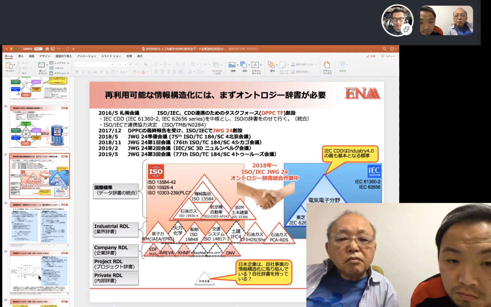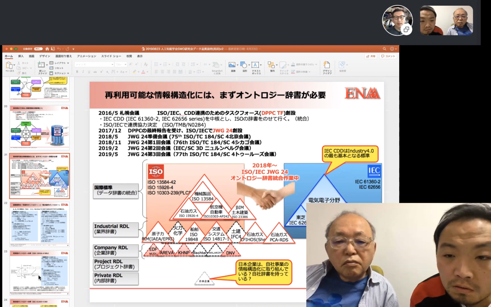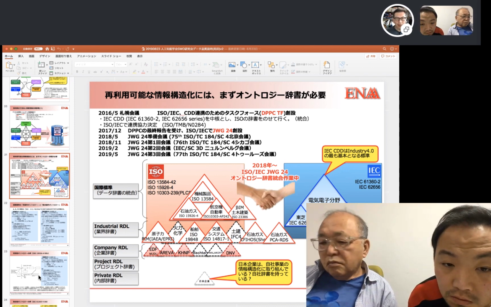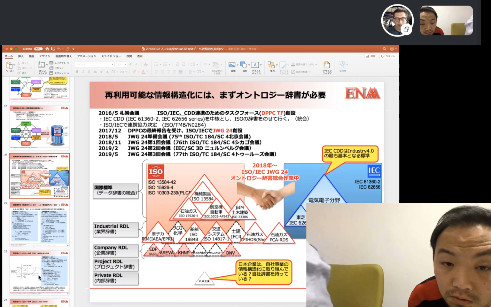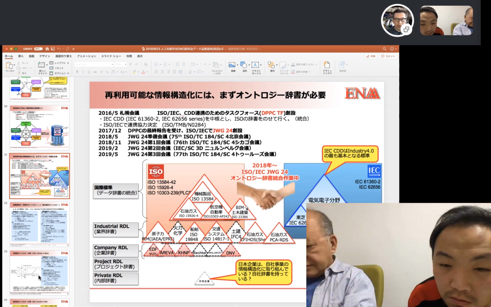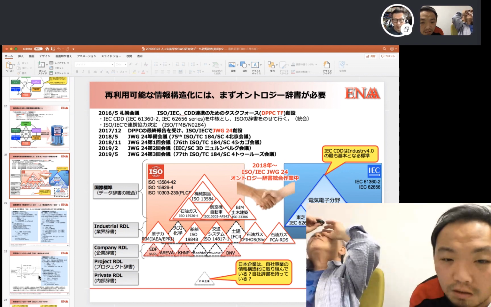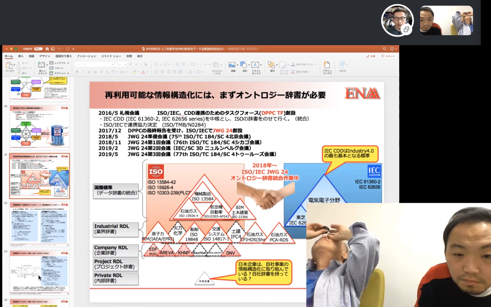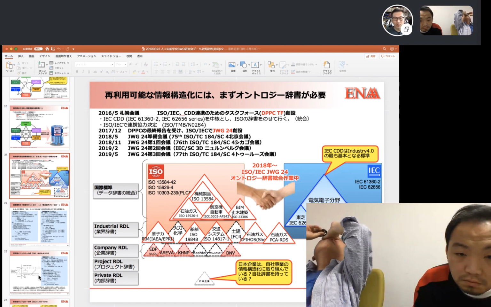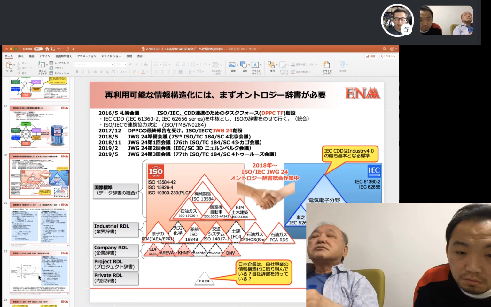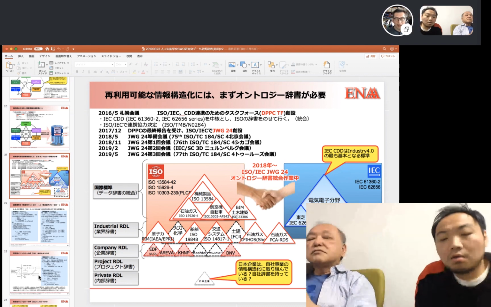BIM is an abbreviation for Building Information Modeling, and it is fundamentally an industry standard for civil and construction. They already have the dictionary for civil and construction work as an ISO standard.